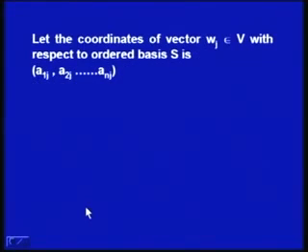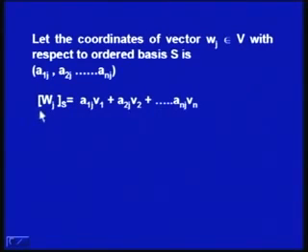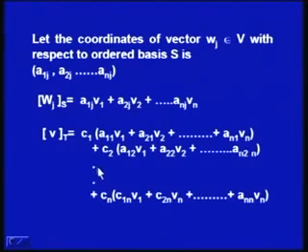Now let us consider the vectors Wj belonging to V. With respect to ordered basis S, the coordinates are A1j, A2j, Anj, because Wj also belongs to V, so we can write Wj with respect to S as A1j V1 plus A2j V2 plus Anj Vn. Then Vt can be written as C1 times W1 plus C2 times W2 plus Cn times Wn.